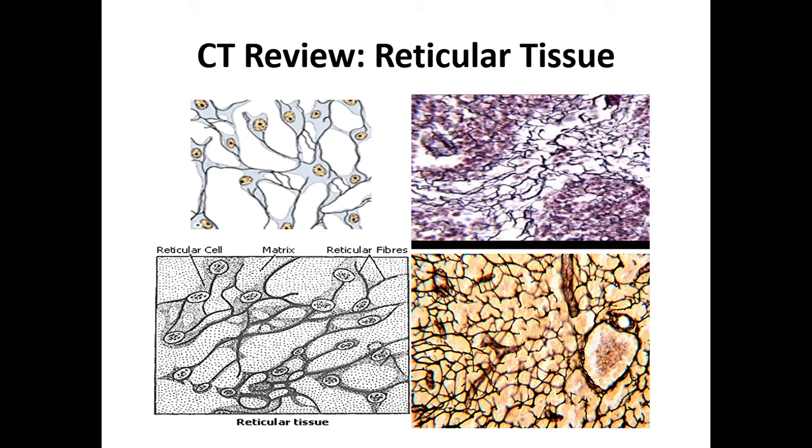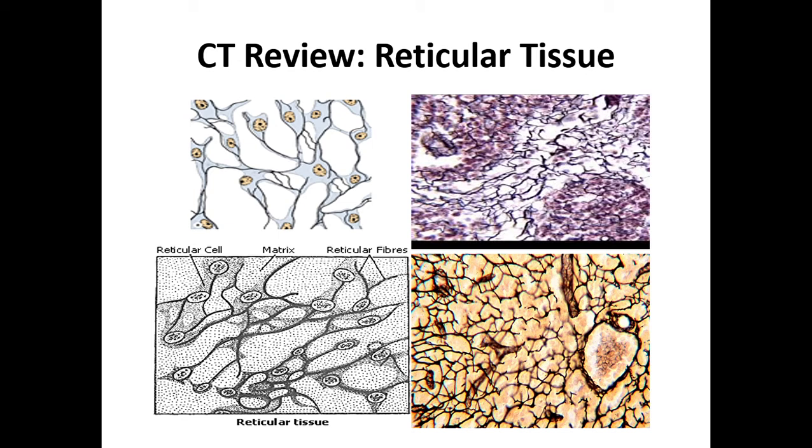Now, the reticular fibers are fibers that cannot be stained using an ordinary stain. So, a special staining technique is utilized. We have the silver staining technique and the gold staining technique. Between the two, what is most commonly used is the silver staining technique.